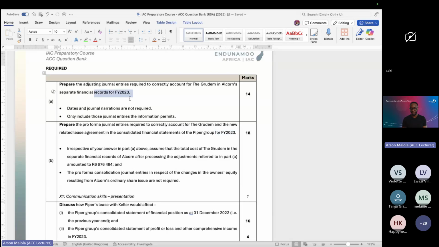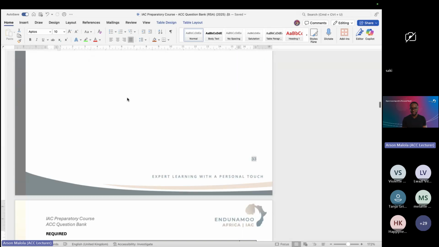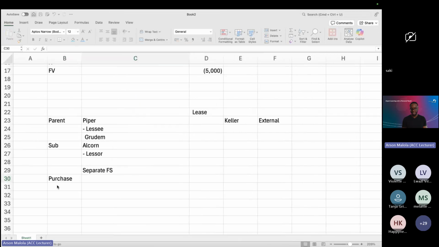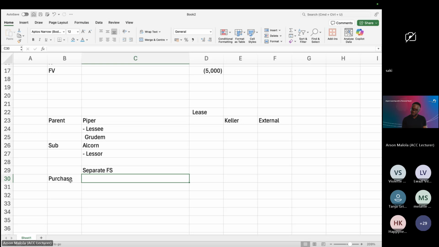So this purchase happens in the current financial reporting period, in the separate financial statements. And from that perspective, this is the purchase of PPE or investment property, depending on how we classify this thing.